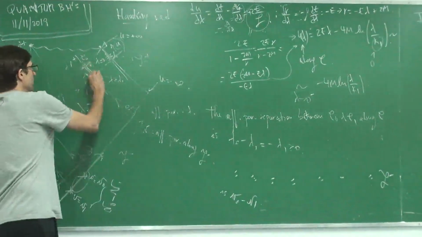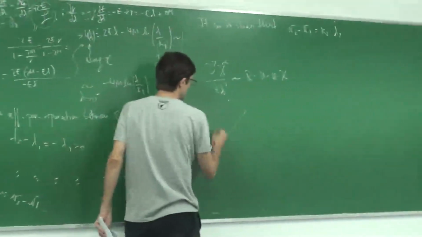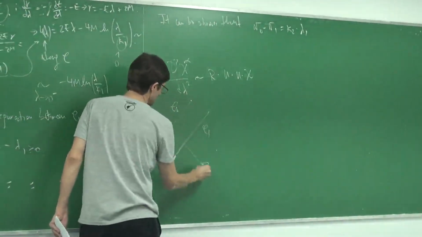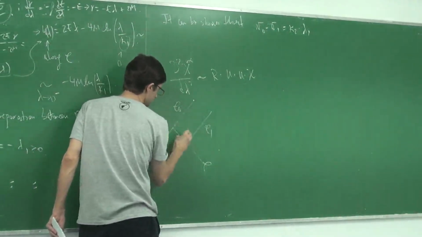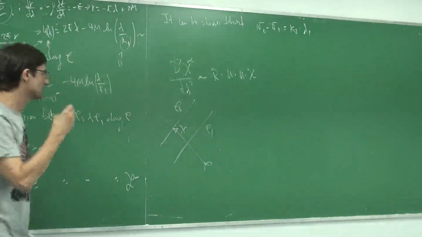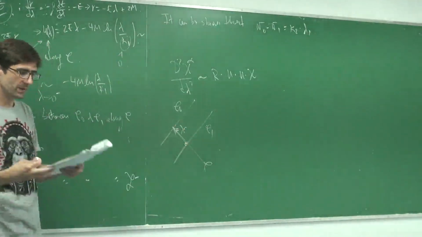Chi is the separation vector. So this would be C0, C1, this is C, and chi is just the separation vector, the vector that goes between C1 and C0.